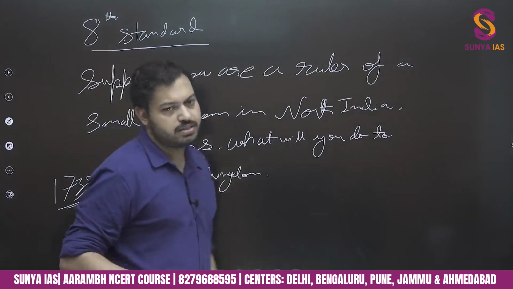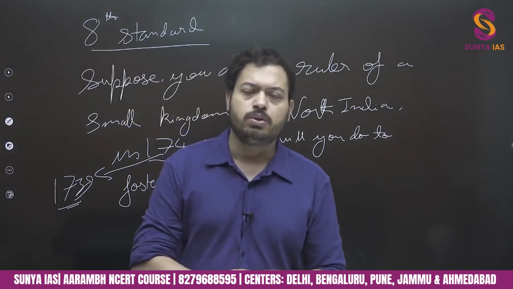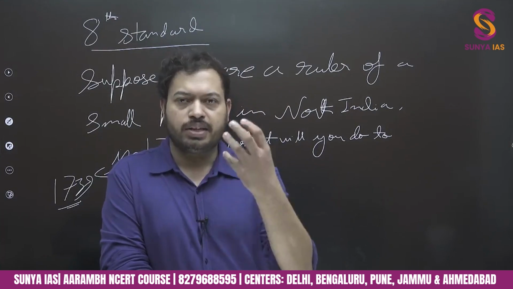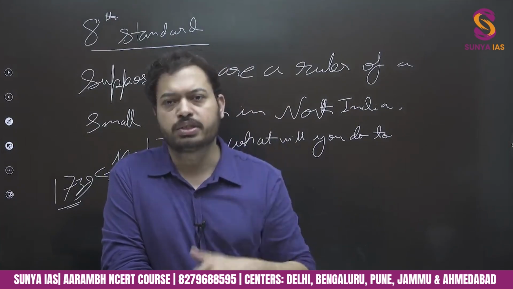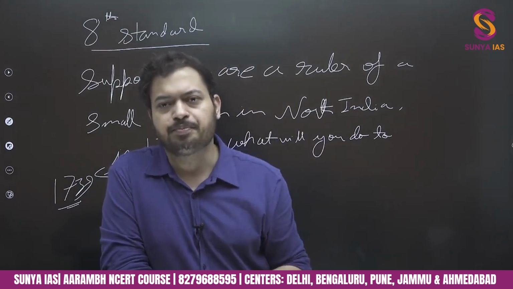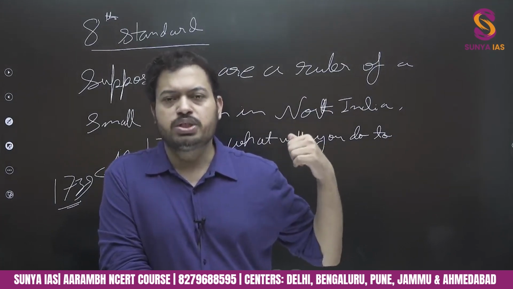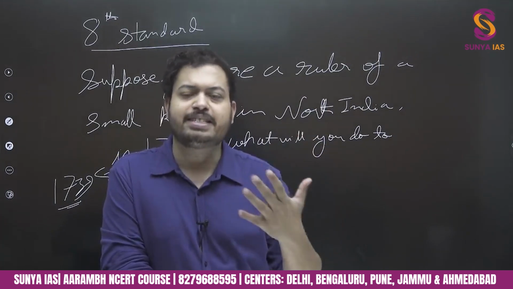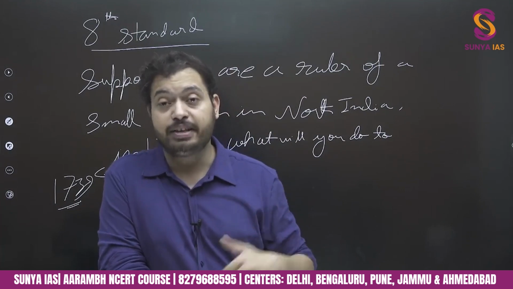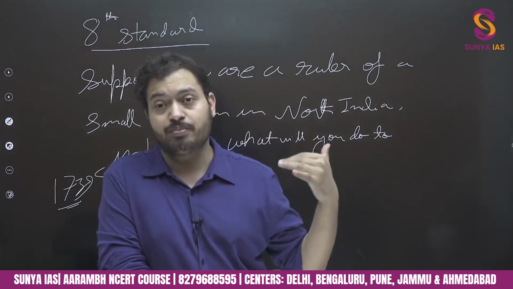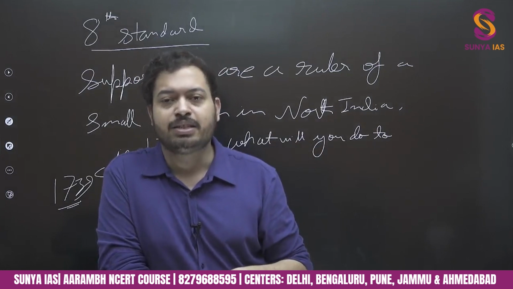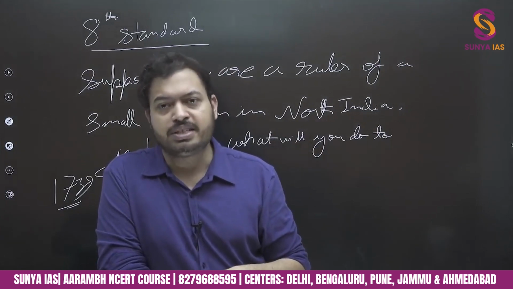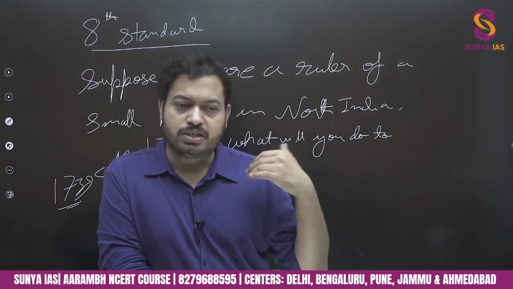Then it asks what you will do to make sure your kingdom evolves, prospers, and develops. Believe me, this question could pretty easily be asked in a UPSC interview. It's such a good question.